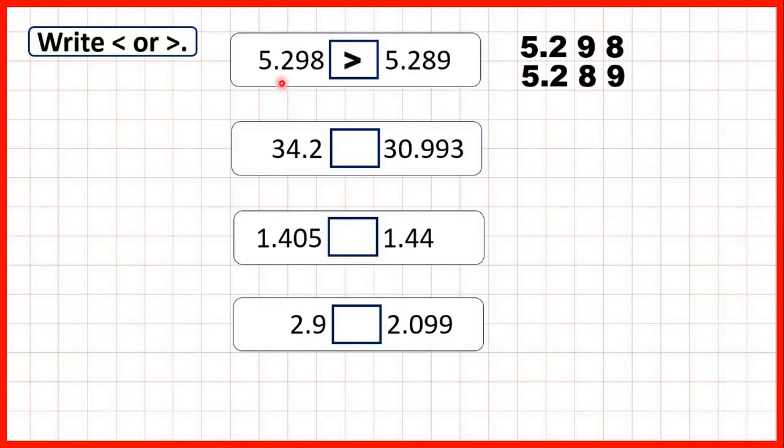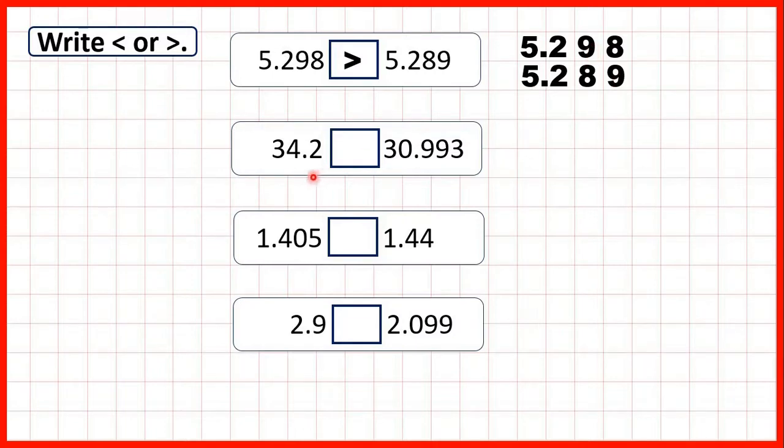So 5.298 must be larger than 5.289. So now that we've seen that the first number has more hundredths, we don't need to look at the thousandths, because we need 10 thousandths in order to make something that's the same size as just 1 hundredth.